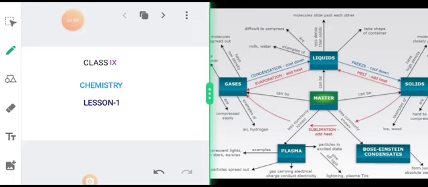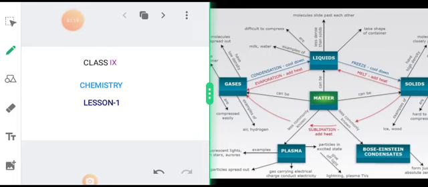So basically in this lesson we will be studying about matter, what its important properties are, what each form of matter exhibits, and how we can bring about a change in the different states in which matter exists in nature. We'll be discussing all these things in detail in this lesson.